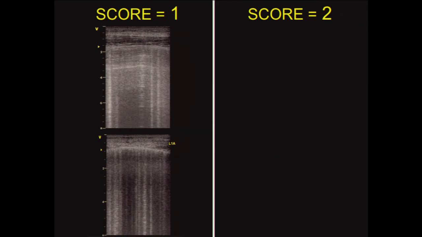In the original score, we give 1, so we say that is a moderate loss of aeration, when we can see at least 3 B lines, irrespective of the number of B lines.